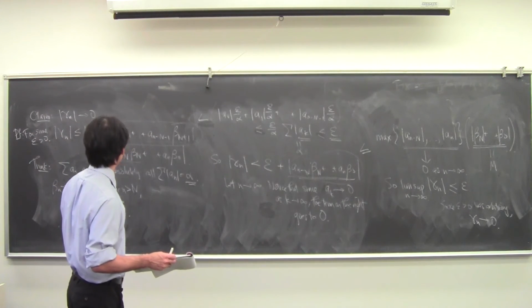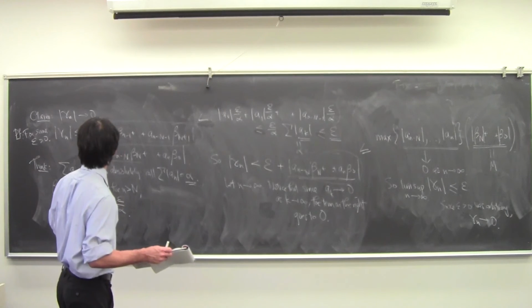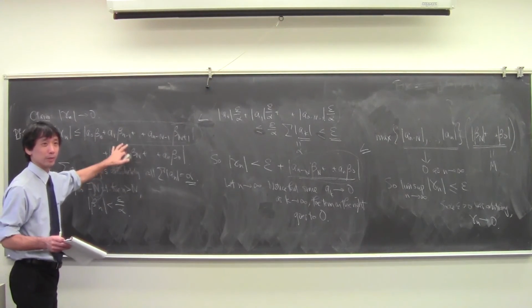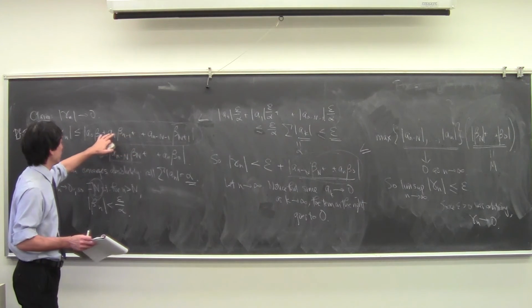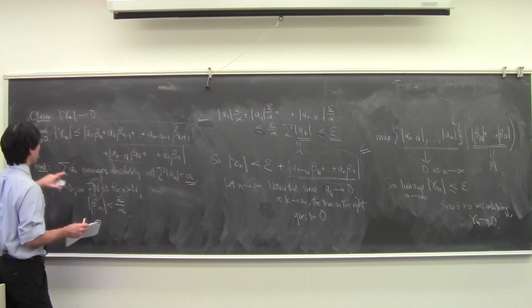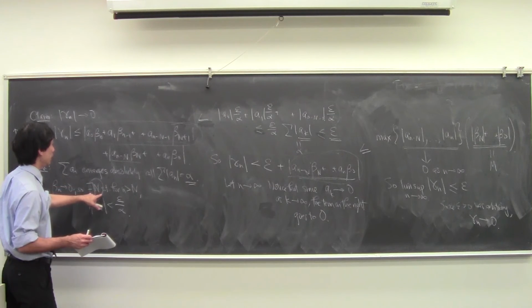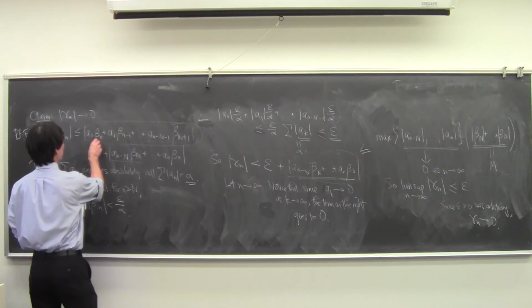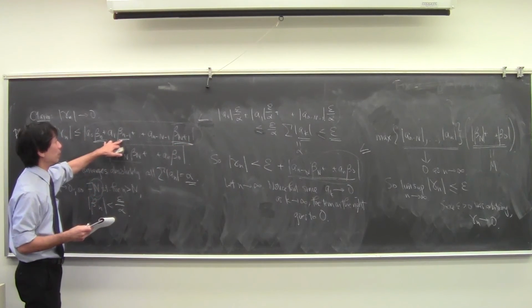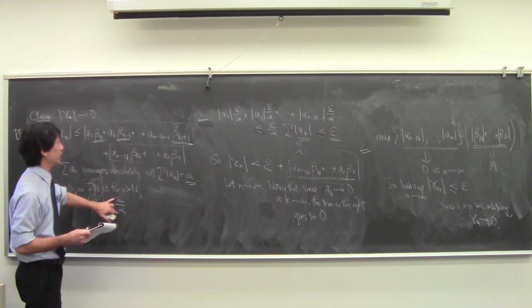Okay. So we take this thing and break it into two parts, right? In the first part, we've chosen capital N so that all of these betas are small, smaller than epsilon over alpha.